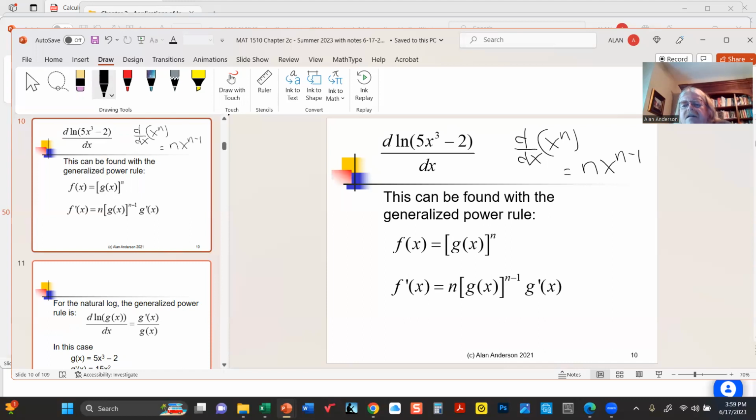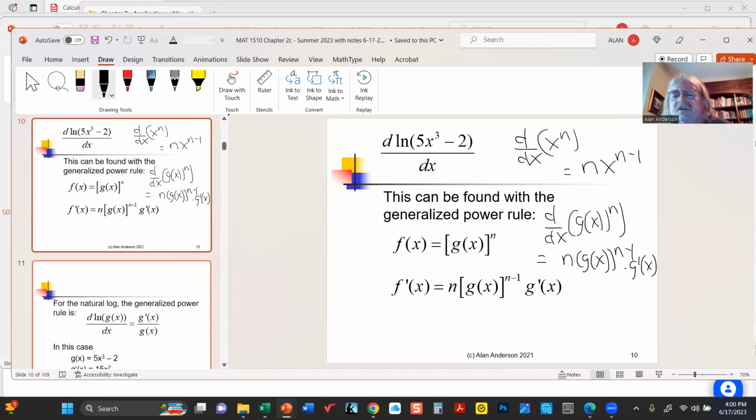But when this x is instead a function of x, that changes it a little, because now it's n g of x to the n minus 1 times g prime of x. Yes. So let me just show you a couple of quick examples here.